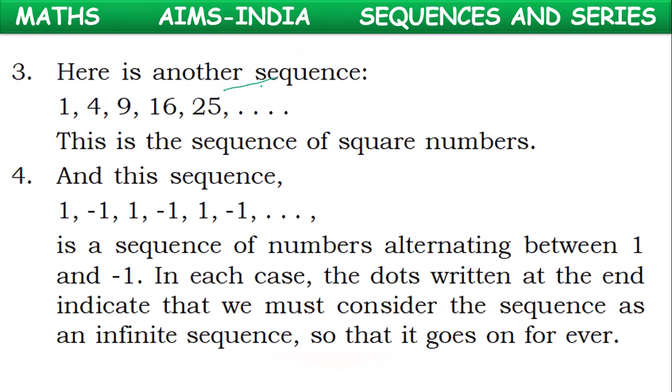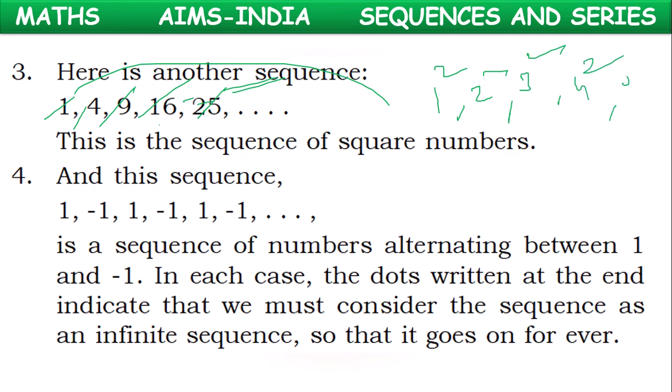Let's see another sequence: 1, 4, 9, 16, 25. Here, 1 can be written as 1 square, 4 as 2 square, 9 as 3 square, 16 as 4 square, and 25 as 5 square.